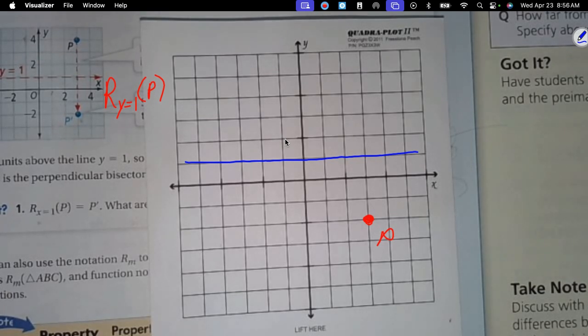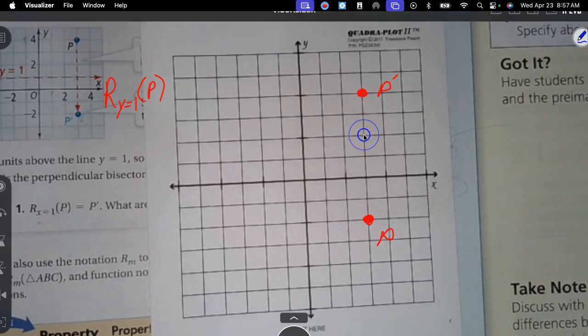So how many spaces am I going to go on the other side? 1, 2, 3. Here is what we would call P prime. And maybe it wants the new ordered pair. So what's my new ordered pair? Let me erase that. It's at 1, 2, 3, and up how many? 1, 2, 3, 4.